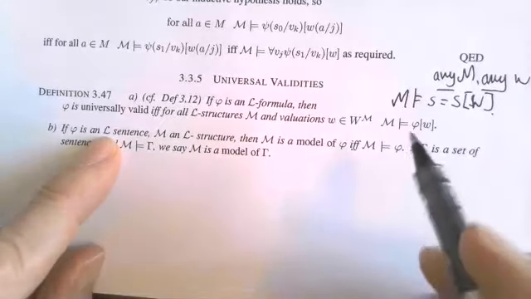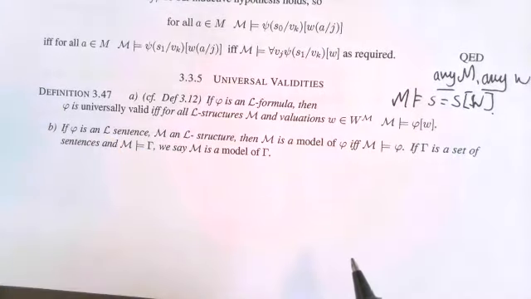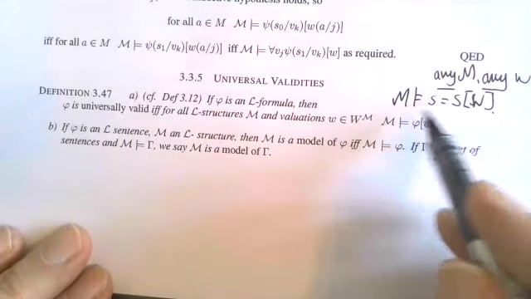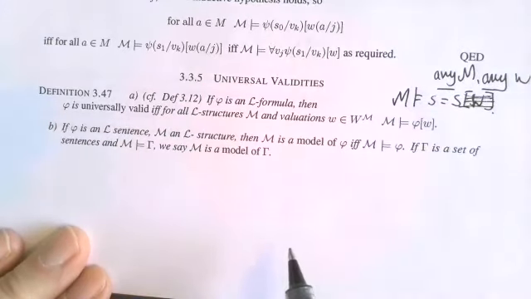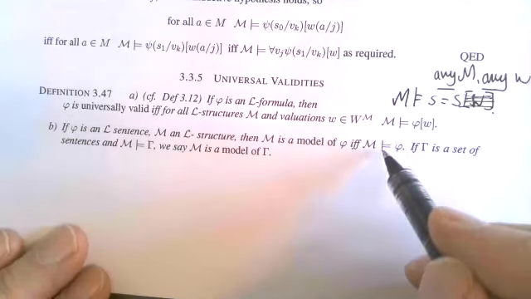So for sentences without free variables, we write this without the W if it's true in M. Right, so any equation here is going to come out true in M, by the definition of what this double turnstile thing is.